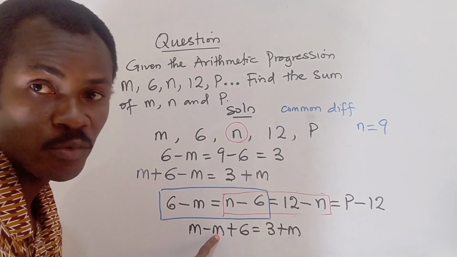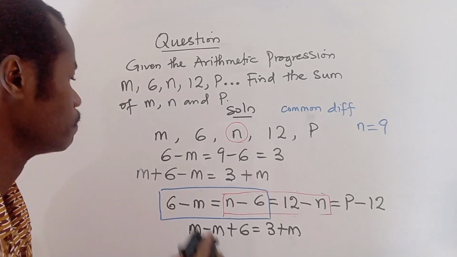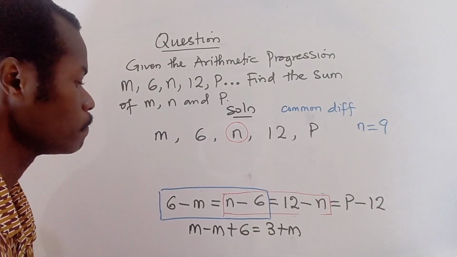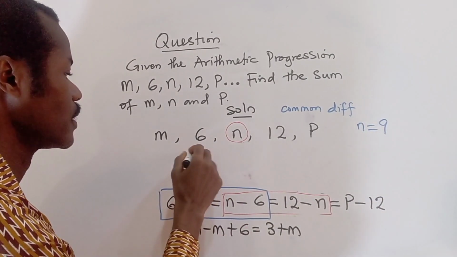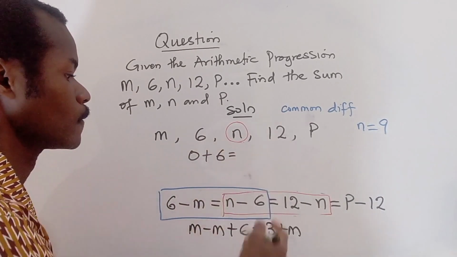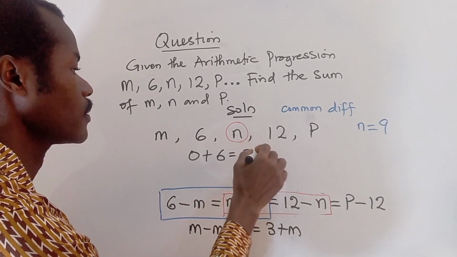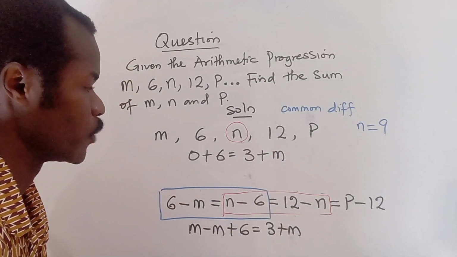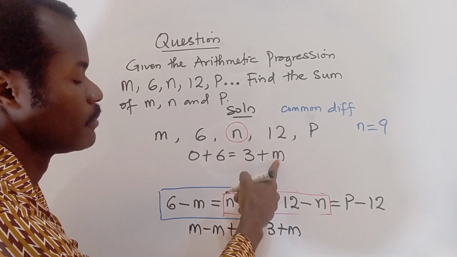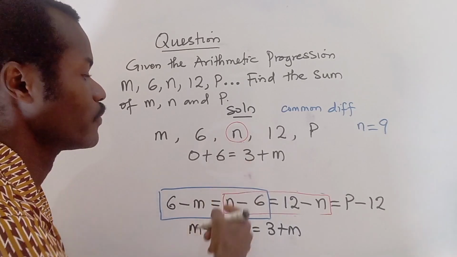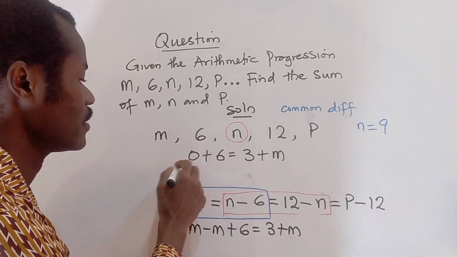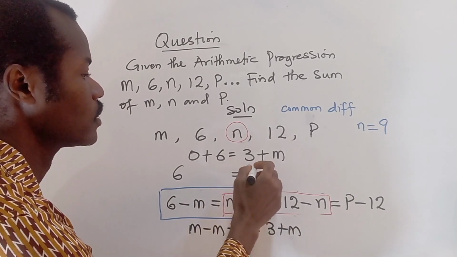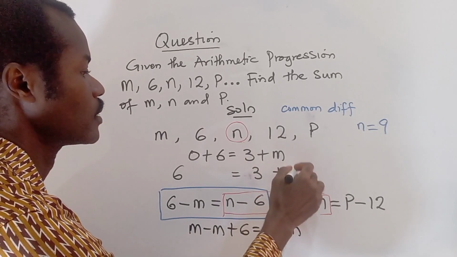Now, m minus m we know is 0. So we have 0 plus 6, which is equal to 3 plus m. From this, we can make m the subject by subtracting 3 from both sides. Now 0 plus 6 is 6. So we have 6 is equal to 3 plus m.